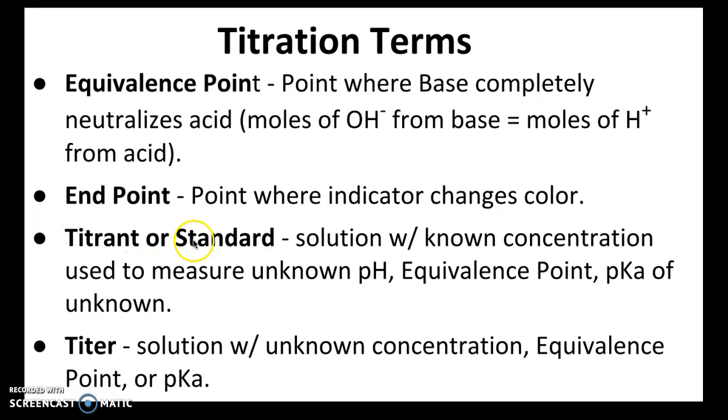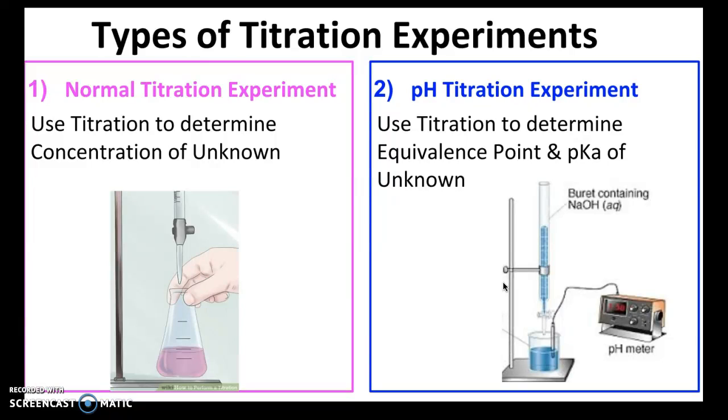You have the titrant or standard, which is the solution with a known concentration, and you have the titrand or analyte, which is the solution with the unknown concentration. You can ignore the notes on equivalence point, pKa, etc., because that information will come later in our equilibrium chapter.